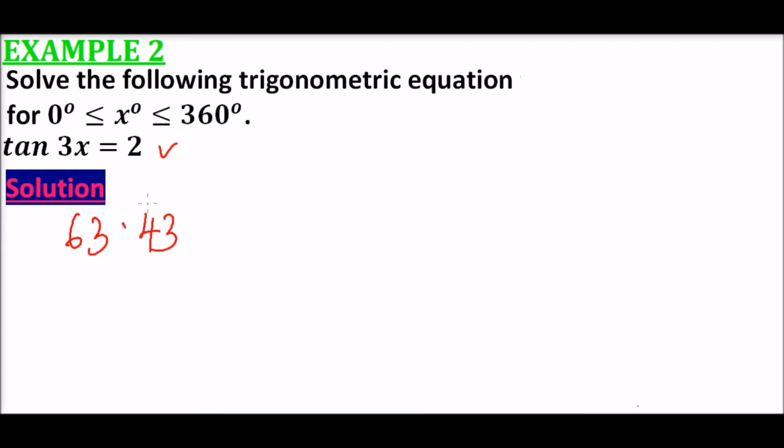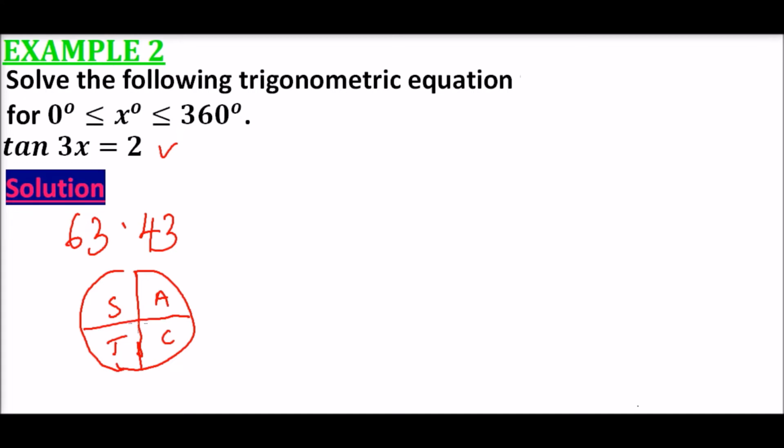Now, this angle here is in the first quadrant, and if we make our unit circle, this is STC. We also know that the angle in the third quadrant is also positive.